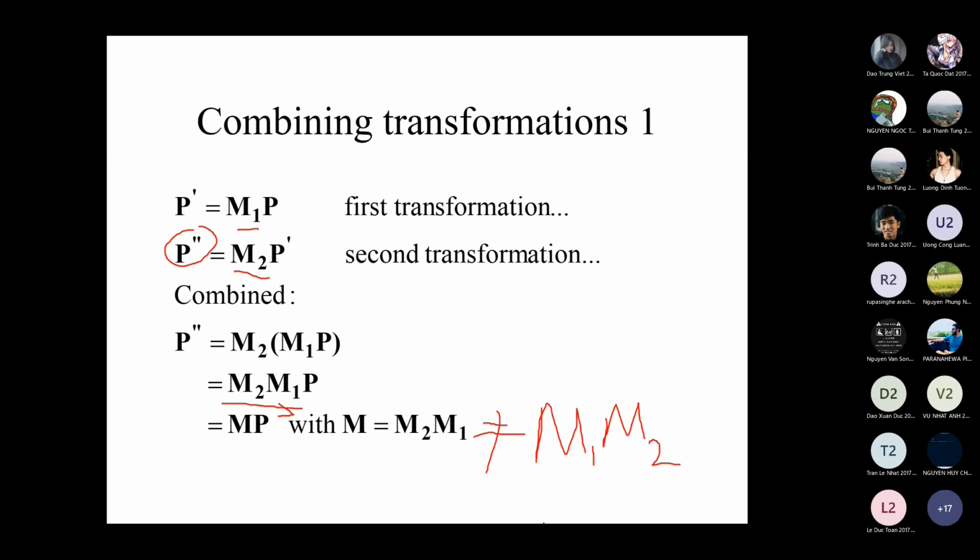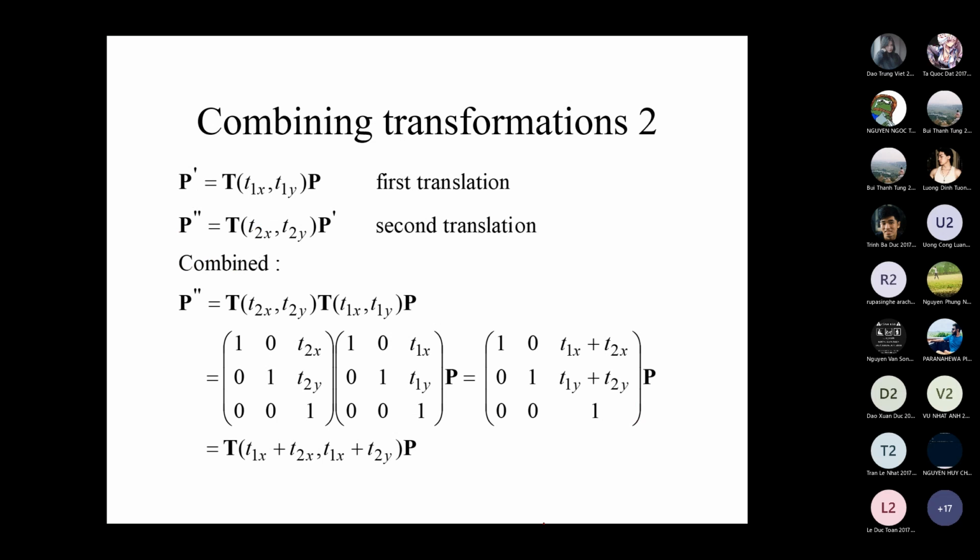And now we take the specific case with translations. The first translation and the second translation, and after that we combine T2 and T1, and it is the composition of T1 and T2.